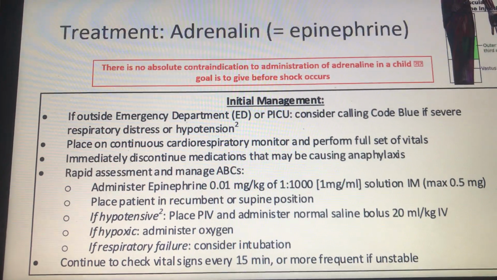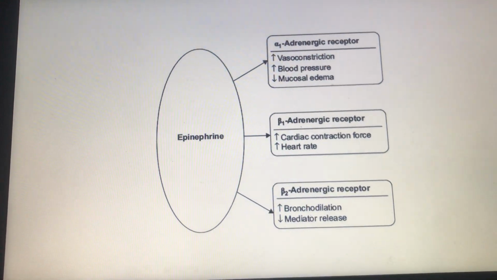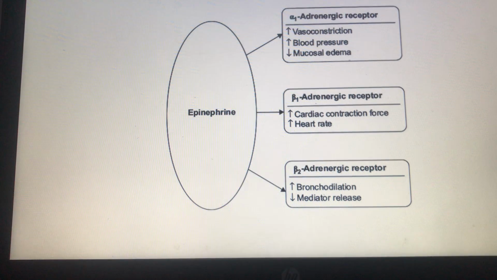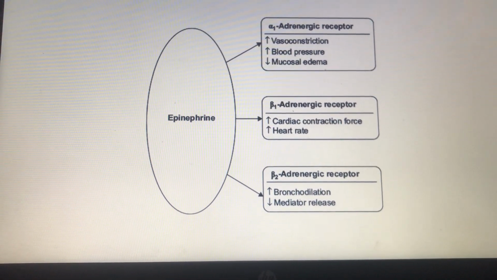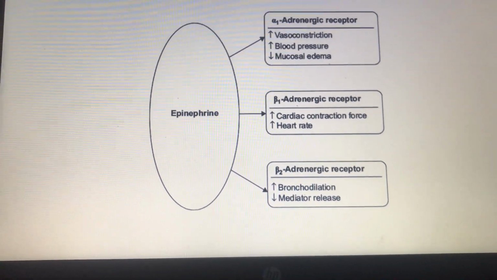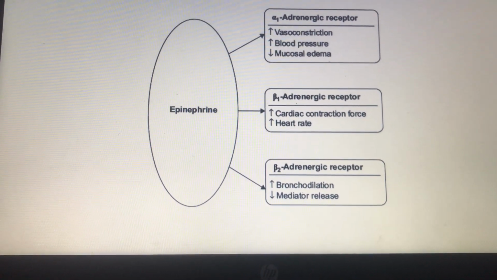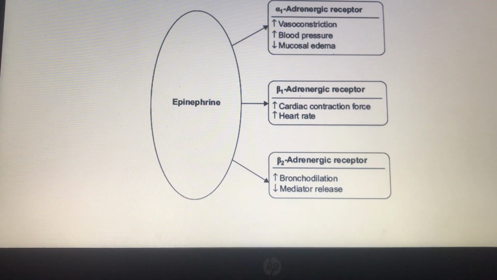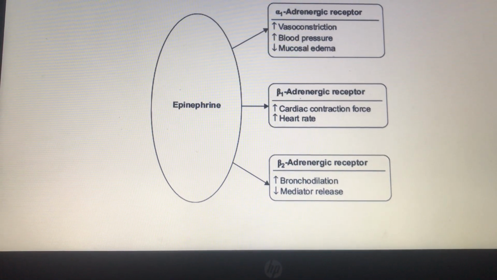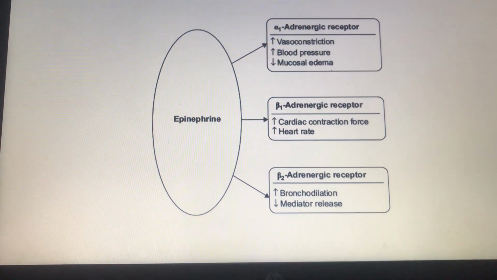So adrenaline injection is very important. How does adrenaline work? It acts on the alpha-1 adrenergic receptor, where it increases vasoconstriction, increases blood pressure and decreases mucosal edema. On the beta-1 adrenergic receptor, it increases cardiac contraction force and increases heart rate.